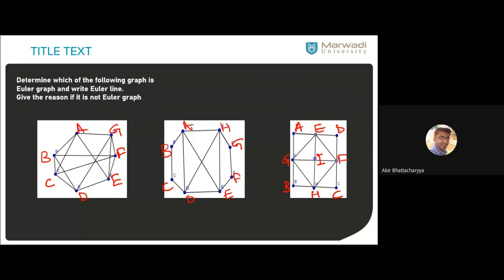Yes. So two reasons. One reason is because it is having odd degree vertices, and second one is you cannot construct the Euler line.